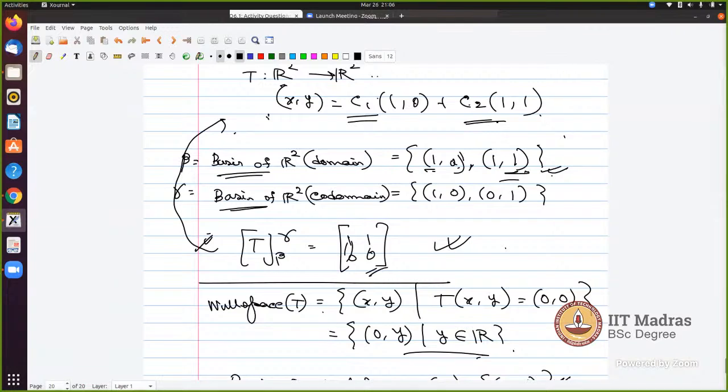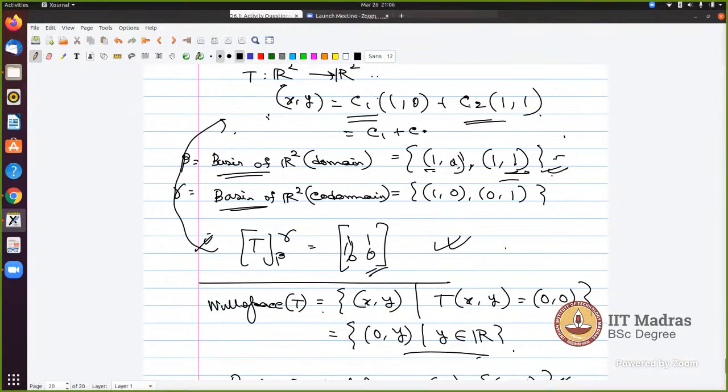Sir, I have a question here. In the domain, if we take any point x y, using the matrix to get the image in the codomain, we can directly multiply only if the basis is a standard ordered basis. If this is standard, we can multiply directly, but for the domain, this is not standard. So we have to really find what C1 and C2 are.